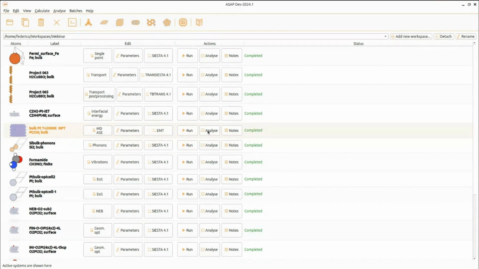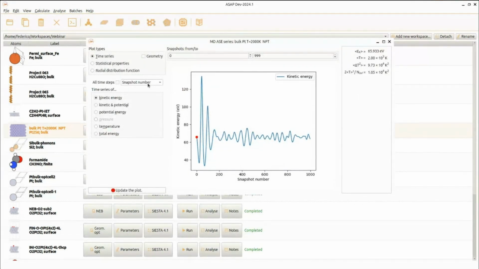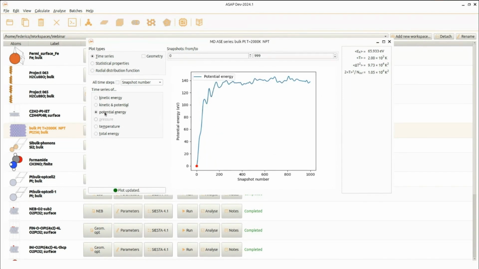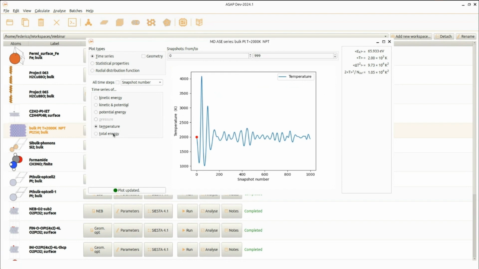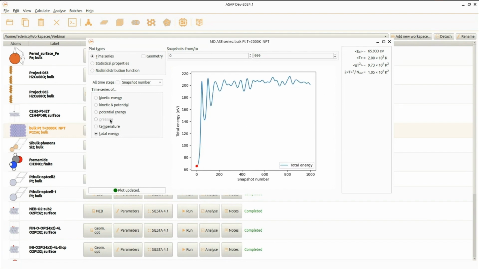In the analysis, we can see all the information that is provided. So we have time series where you can see the energy contributions to the system: kinetic, potential, temperature, total energy. Here there is no pressure because we are using EMT as calculator, but if we use Siesta, we also have information about the pressure of the system.